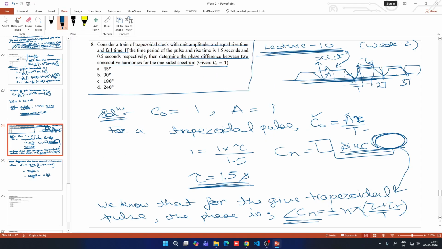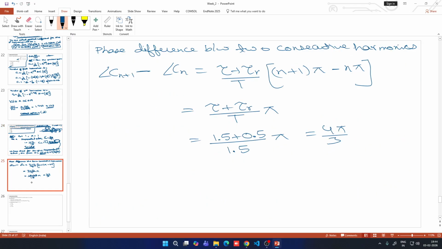But the options are in degrees, so we simply have to convert radians into degrees. To do that, we multiply by 180 by pi, and the angle in degrees comes out to be 240 degrees.